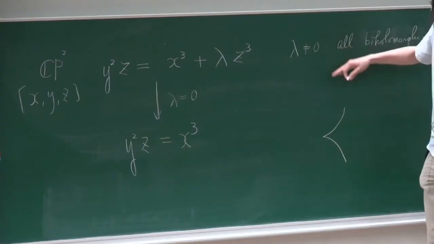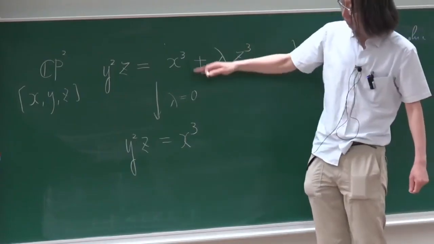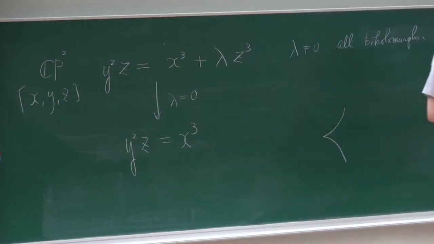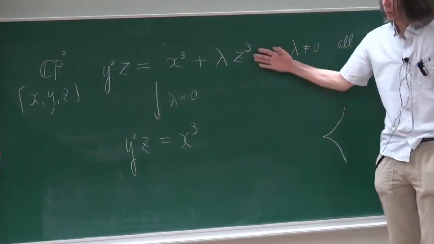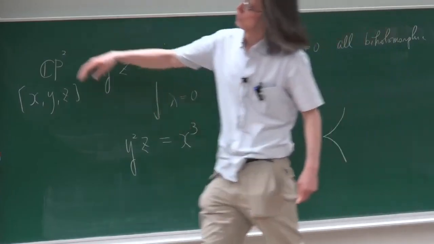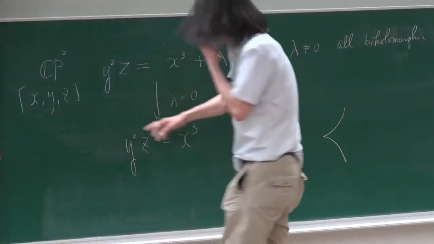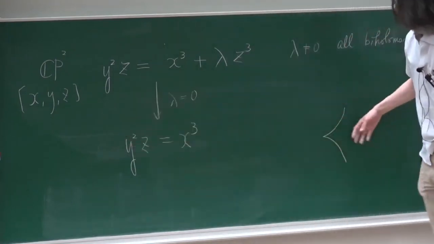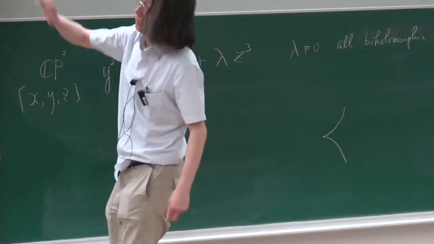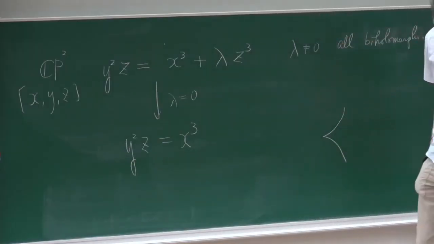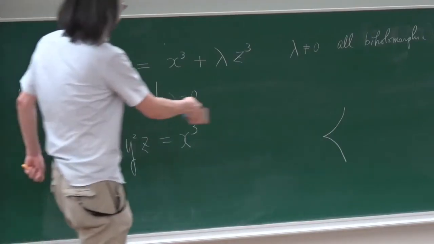So if you just look at this phenomenon, this elliptic curve and this cusp curve, then you may think that this doesn't really fit. But in fact, we don't really consider such a thing in this case. So certainly we have to really discuss this.